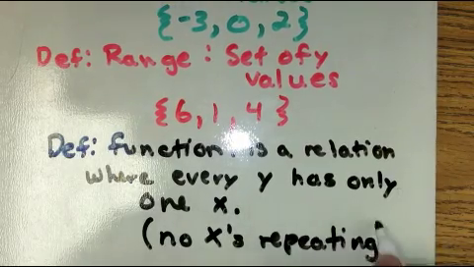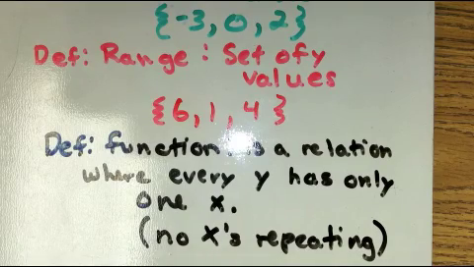It's a little shortcut to that wonderful definition. Okay, so if you have x's repeating, is it a function? No. Okay, all right. In the next video, we're going to look at some examples of when is it a function, when is it not a function, what is the domain, what is the range. So we're going to practice all of that stuff, okay?